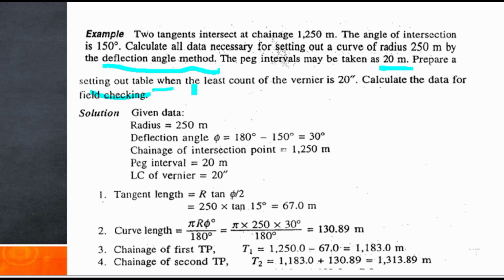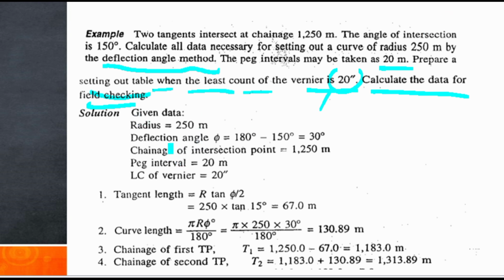Prepare a setting out table when the least count of the vernier is 20 seconds. Calculate the data for the field checking. So the field checking is the addition of all those deflection angles. When divided by 2, it will give you the original deflection angle that you had calculated.